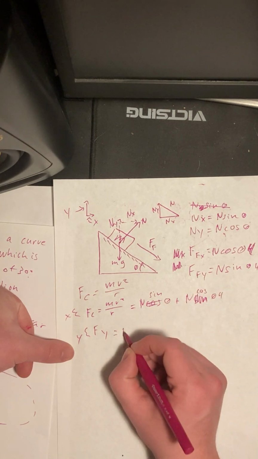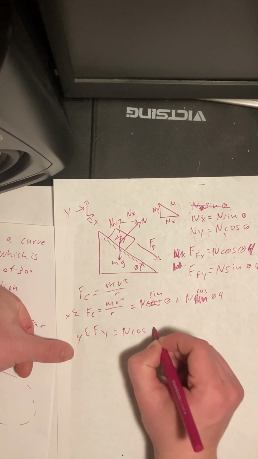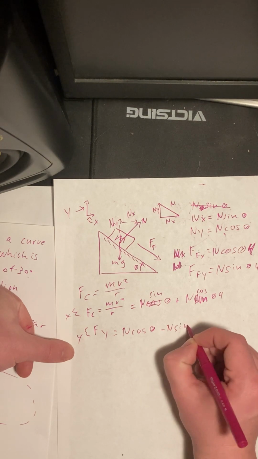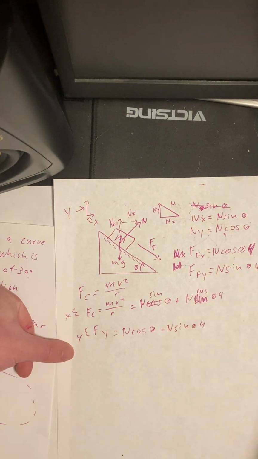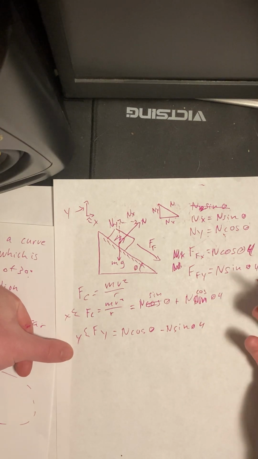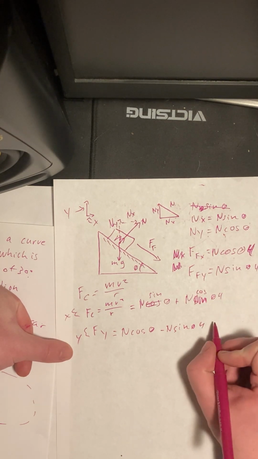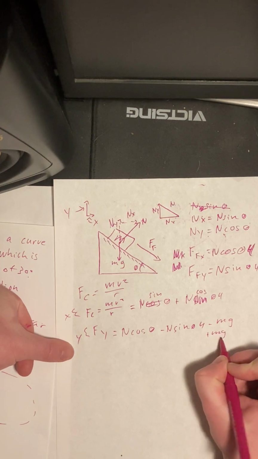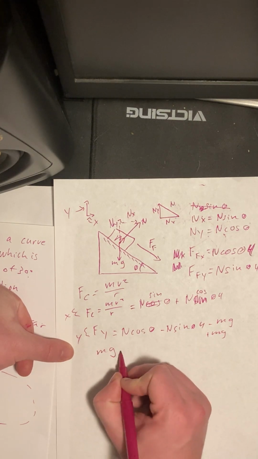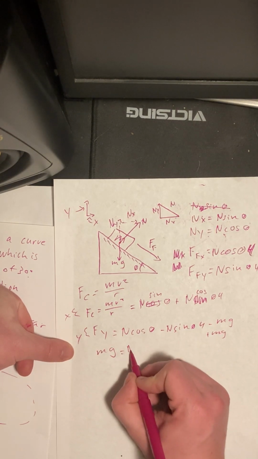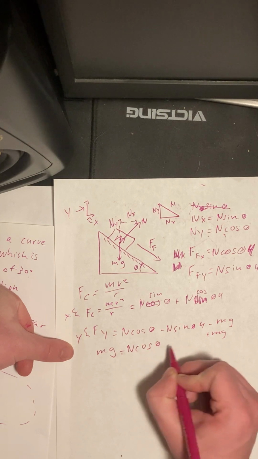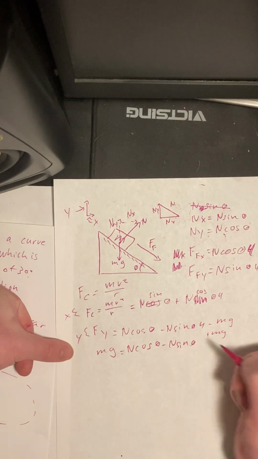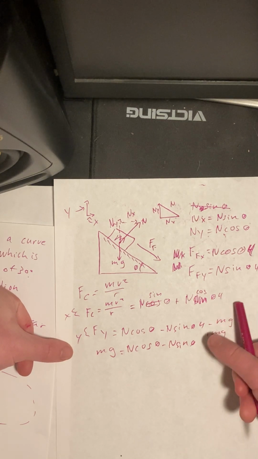Our n cosine theta minus n sine theta mu. These are subtracted from each other because they're going in different directions. Minus mg. We can rearrange this, add this to both sides. We have mg equals n cosine theta minus n sine theta mu. That is our y component.